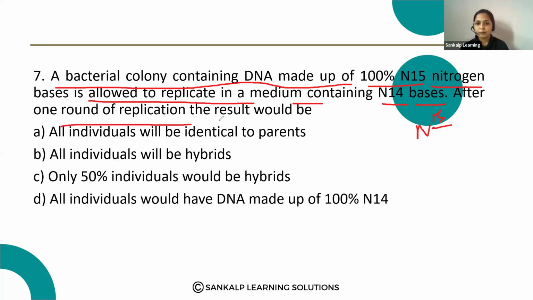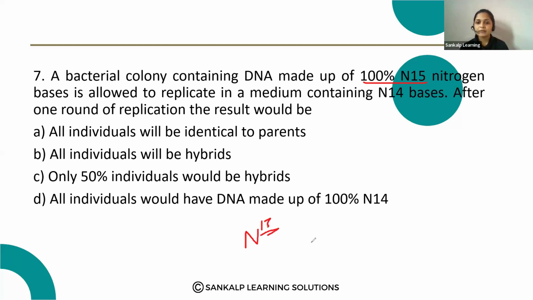After one round of replication, what would be the result? When the bacterial colony is grown in 100% N15, all the nitrogen bases inside the DNA have N15, right? But when grown in a medium which contains N14, they contain N14. So what happens after one replication?